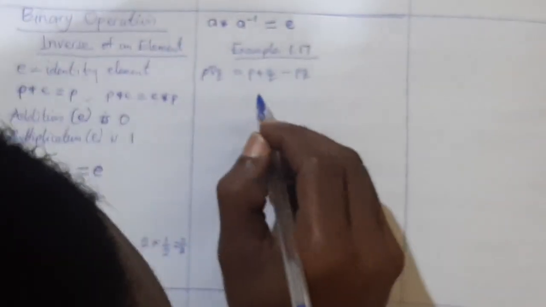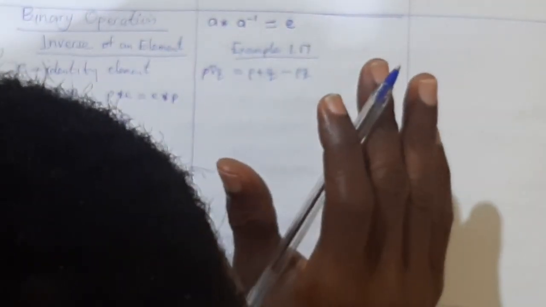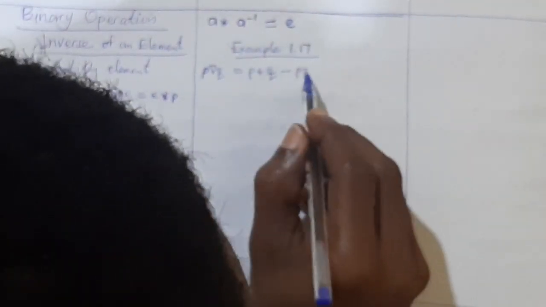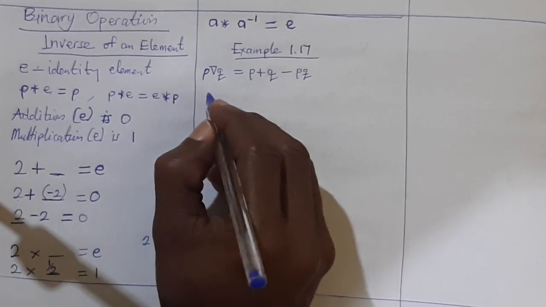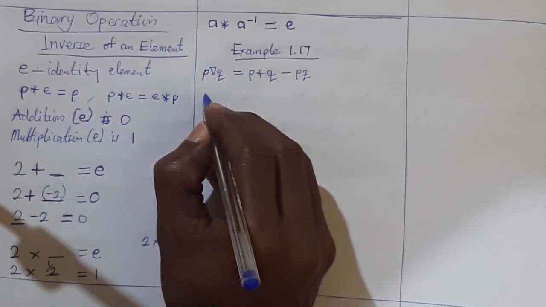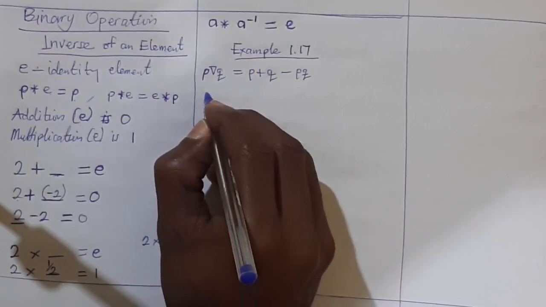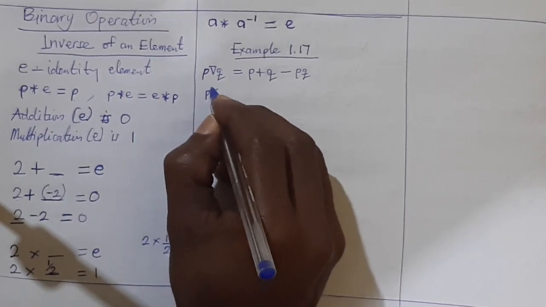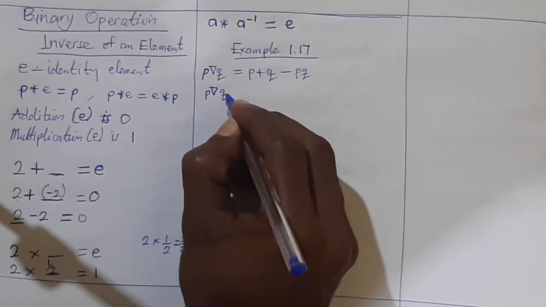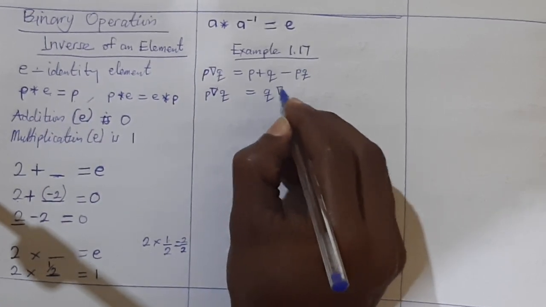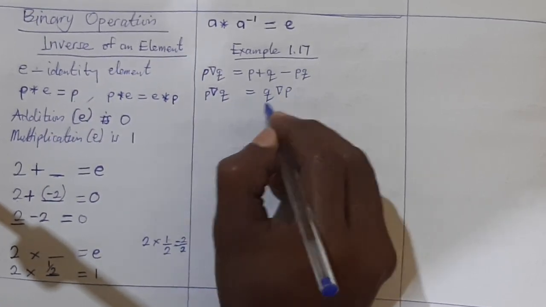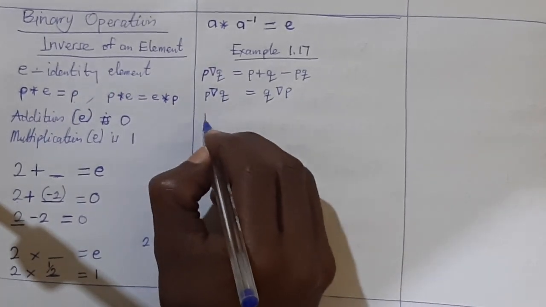We have to check if the operation is commutative. We have worked this example already, and I'm only going to go through it once so that we get better understanding. So for commutativity, we have P operation Q equals Q operation P. Let's do the expansion.